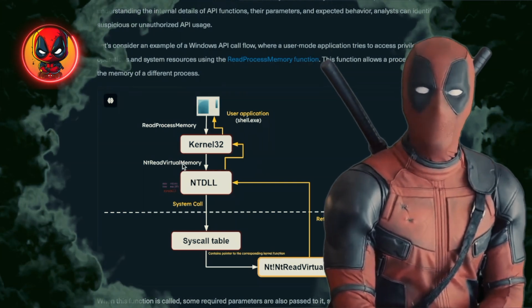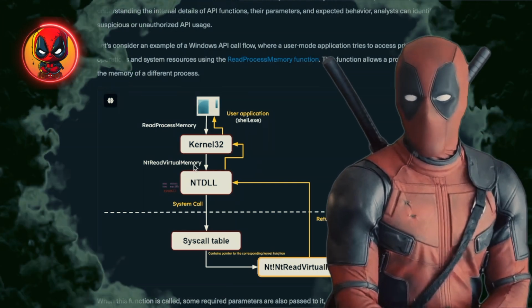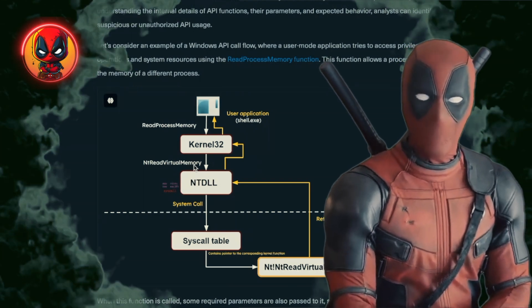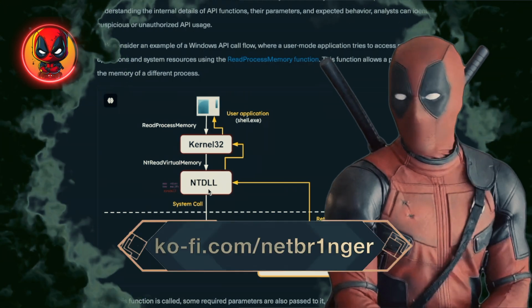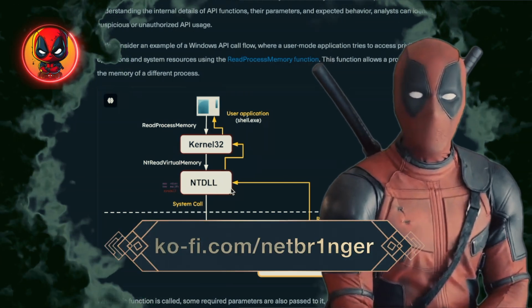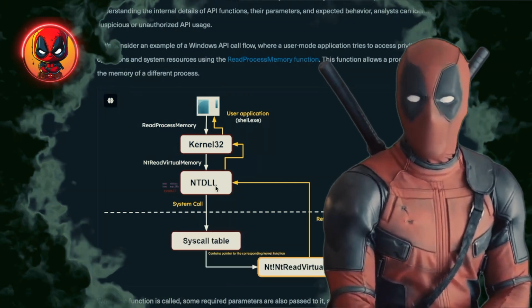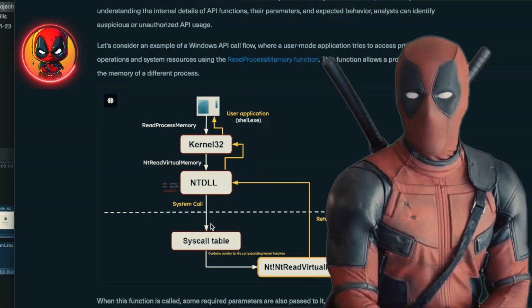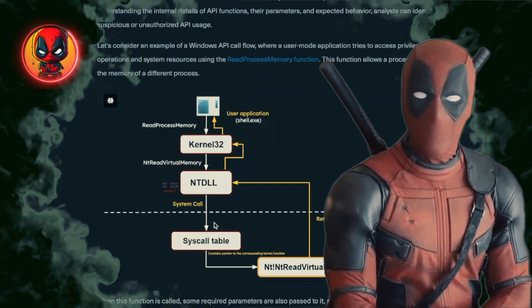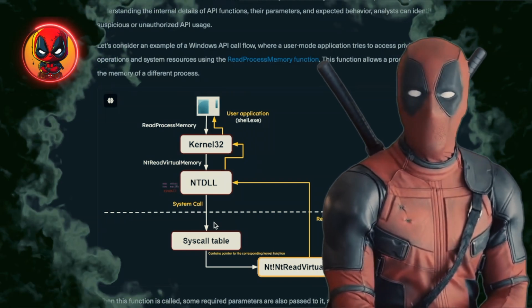It calls the ReadProcessMemory function here. 3. ntdll.dll. The request then passes to ntdll.dll, which acts as a bridge between the high-level API calls and the low-level system calls. The function here, NtReadVirtualMemory, translates the request into a format that the operating system kernel can understand.